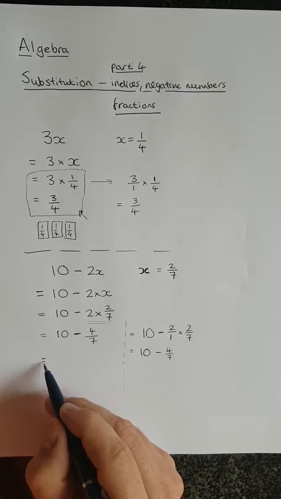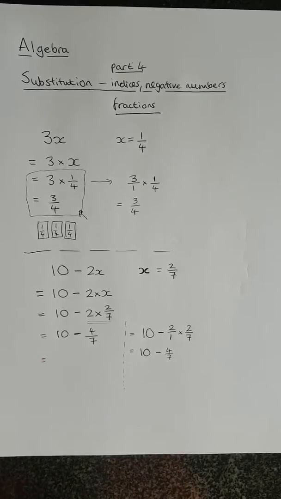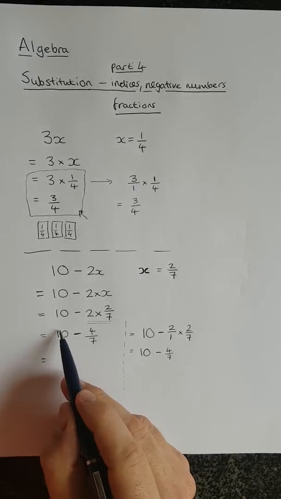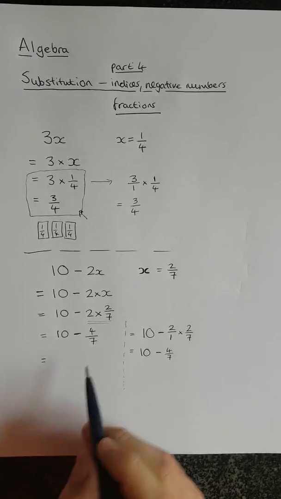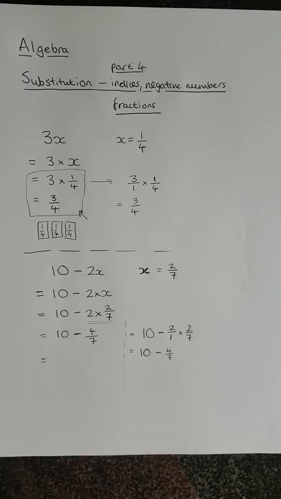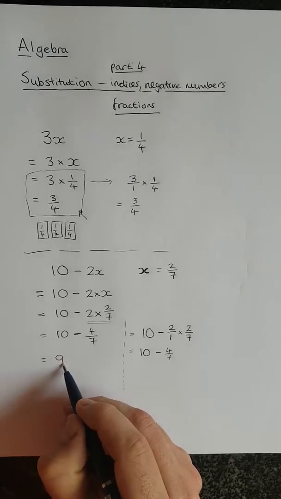Now, this sum isn't an easy one to do. If you think back to our adding and subtracting fractions videos, you might remember some clues. We're going to have to take one of our whole 10 and slice it up into sevenths in order to take away 4/7. So one of these gets sliced up, which means I have 9 whole ones remaining.